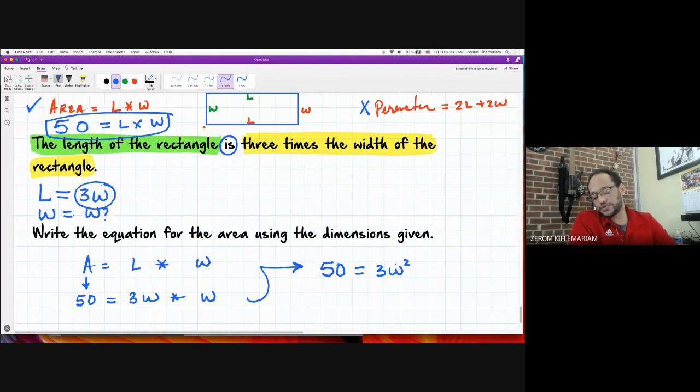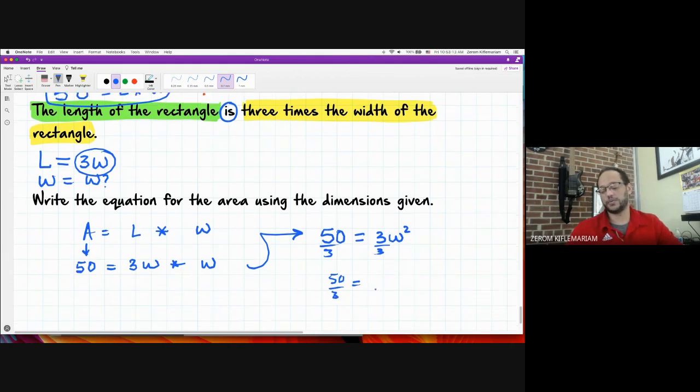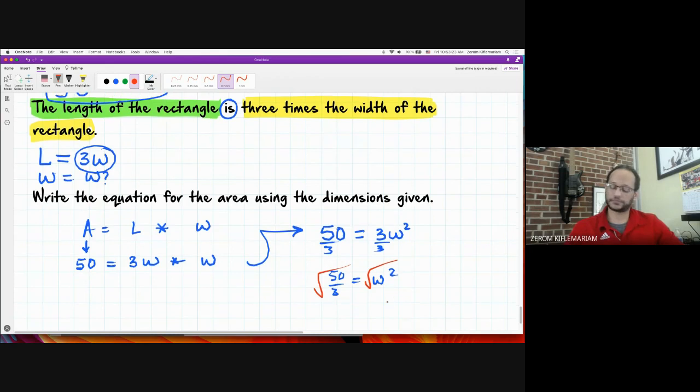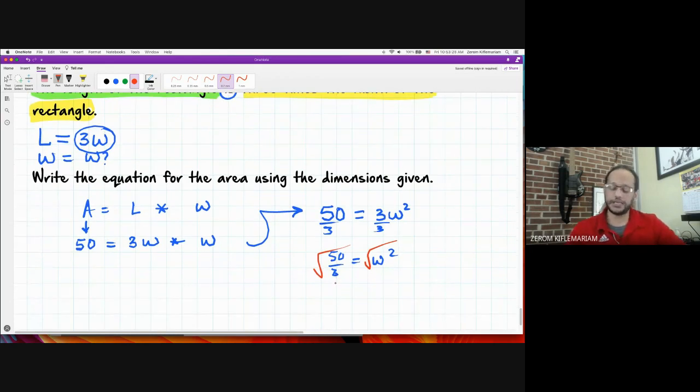But if I have to solve this problem, just divide by 3 on both sides, it would be 50 divided by 3, whatever that number is, equals W squared. Then we take the square root. That will be our way to solve the answer. 50 divided by 3 would be 16 and 2/3, I believe.